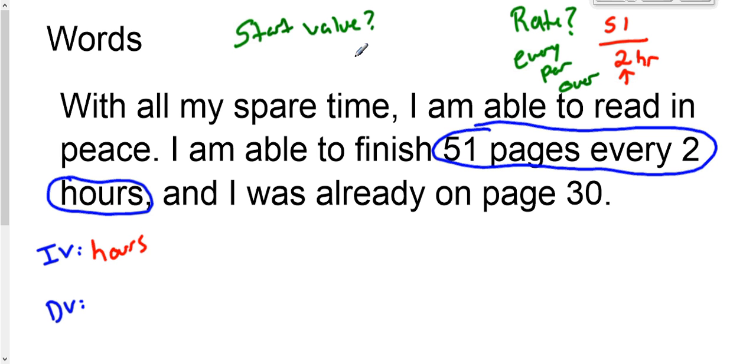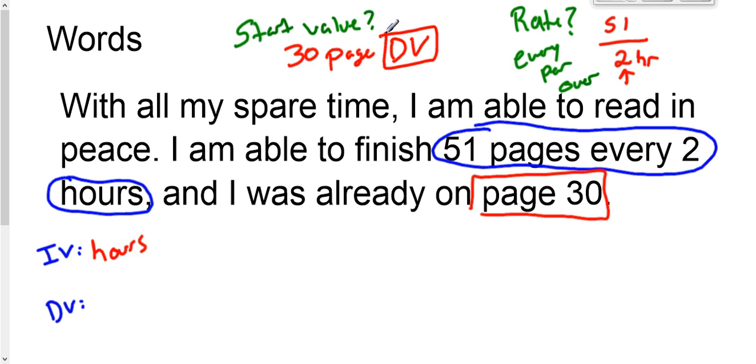Start value. So did we have some sort of starting place? Yep. I started on page 30. Another telltale sign of which one is IV and DV. This start value, whatever unit we put right here, has to be DV. Has to be.